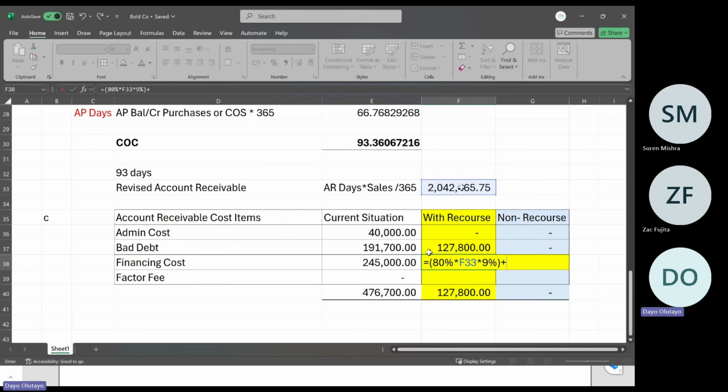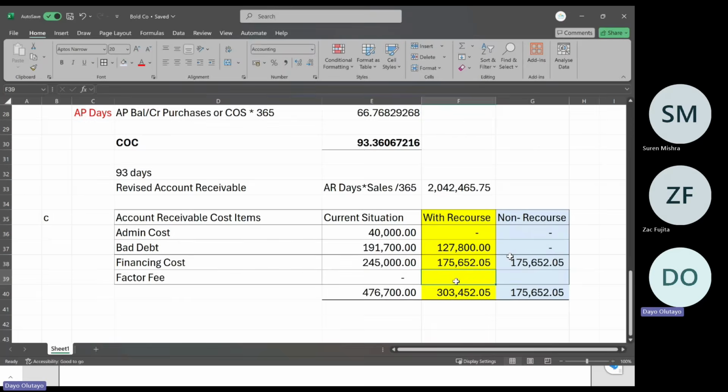Then the second part is the balance of 20% of our receivable balance that we still have to speak to the bank to finance at the regular 7%. So that would be our finance cost with recourse. Without recourse as well, it's going to be the same thing, because whether it's with recourse or without recourse, it doesn't make any difference. Where you always find a difference is the factor fee and the bad debt.